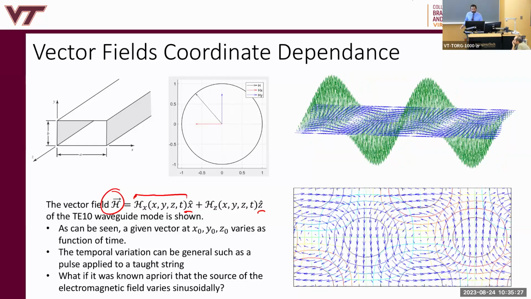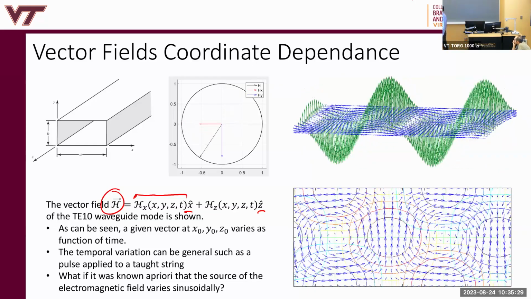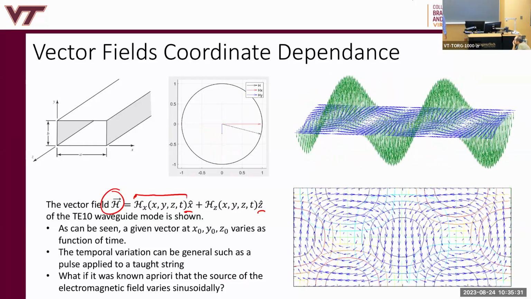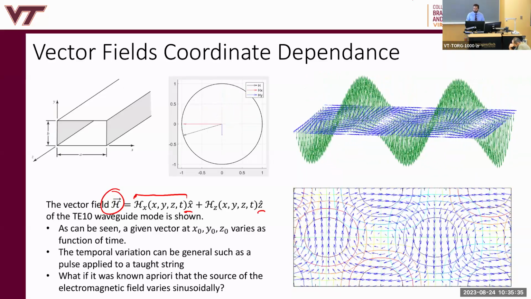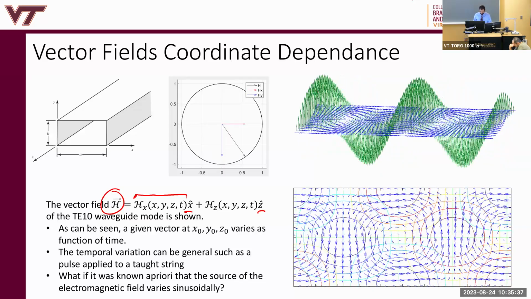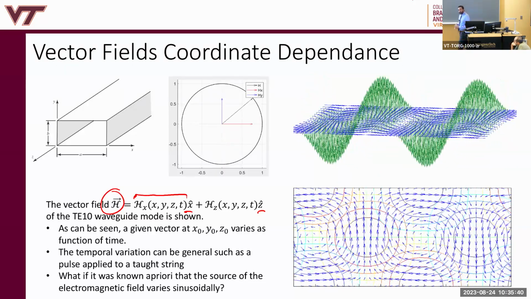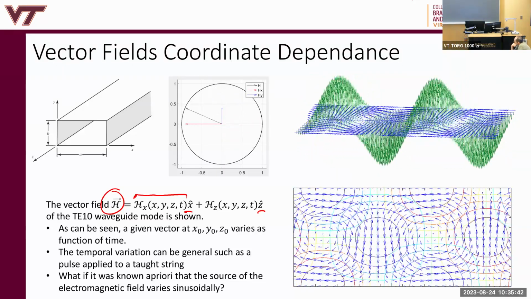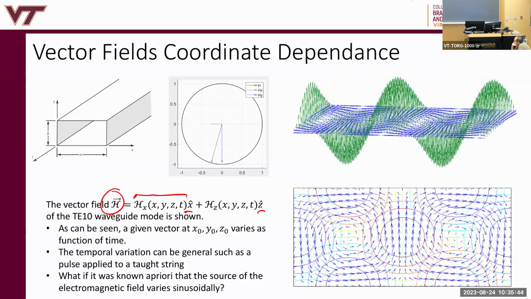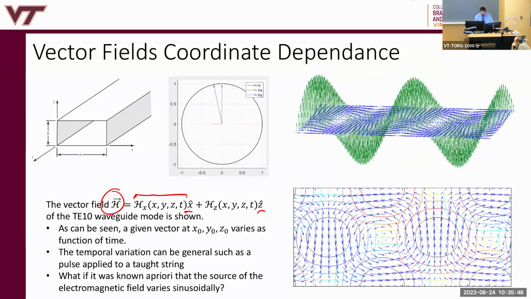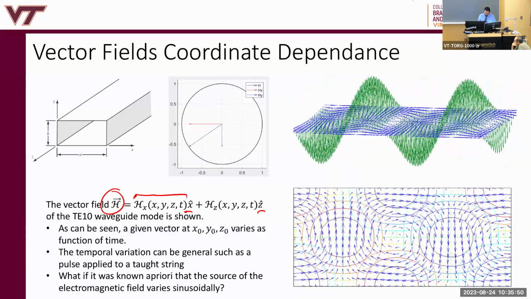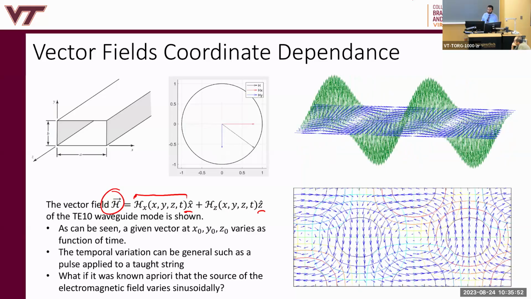So what we're going to do is reduce all that complexity of temporal dependence to solving Maxwell's equations for sinusoidal time dependence, which is called time harmonics. That is going to also provide some really useful benefits that we're going to see where we just eliminate time altogether. And we're now solving Maxwell's equations for x, y, and z only. So let's see how that works. Here's the TE10 waveguide. We'll learn about waveguides later, actually next semester.